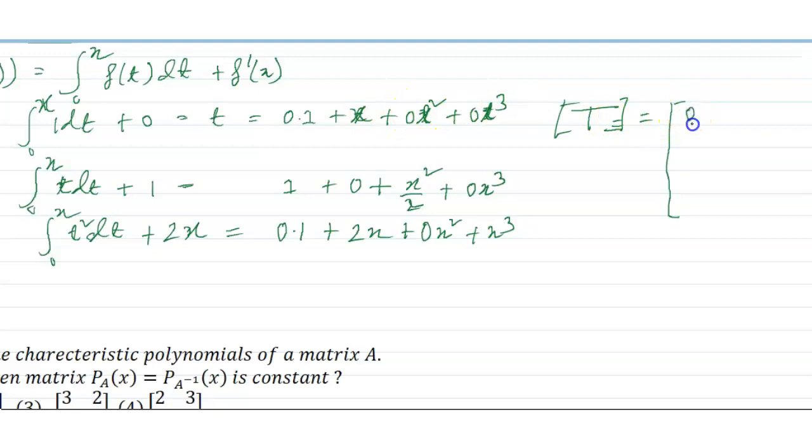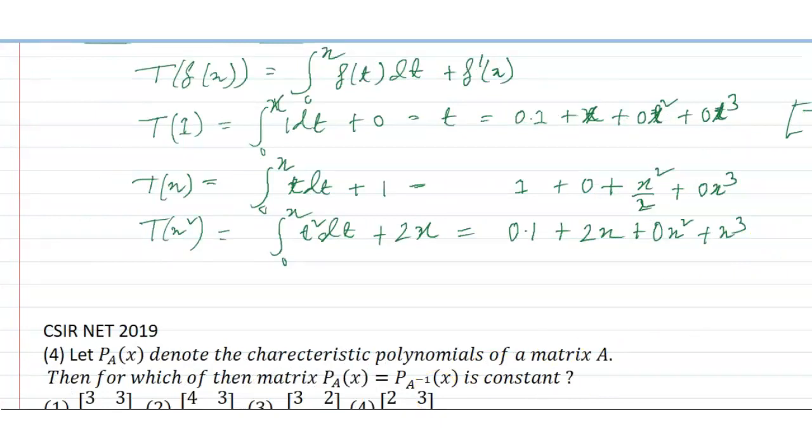First is 0 1 0 0, another is 1 0, sorry, not x square, it is half, 1 0 half 0, another is 0 2 0 1 by 3. This is my transformation matrix.